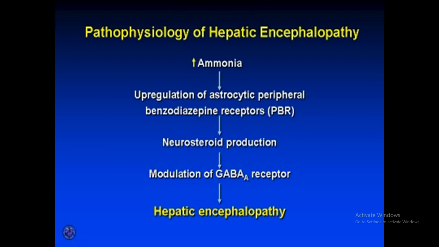It means that it is a multifactorial type of problem. Not ammonia, but other products or chemical substances are also acting on the brain. Associated cerebral edema is important, which is causing the patient's encephalopathy.